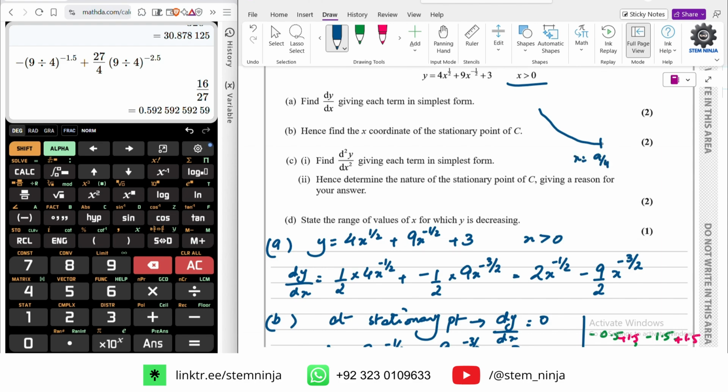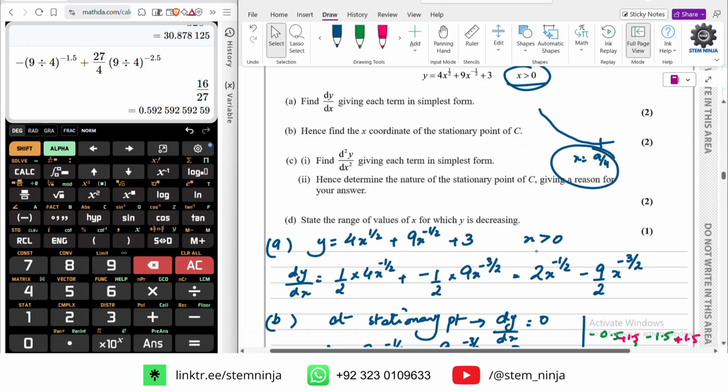We don't know how the curve is going after this. So it's a state question, not much working is required. So this would be in between from this to this. And it says decreasing, so it doesn't include the minimum point.